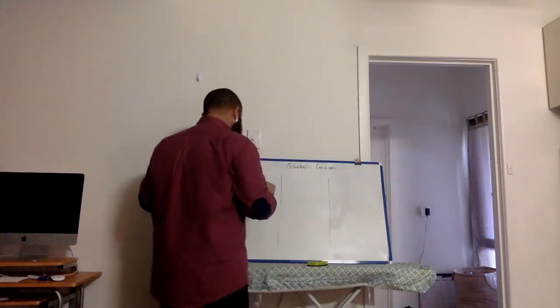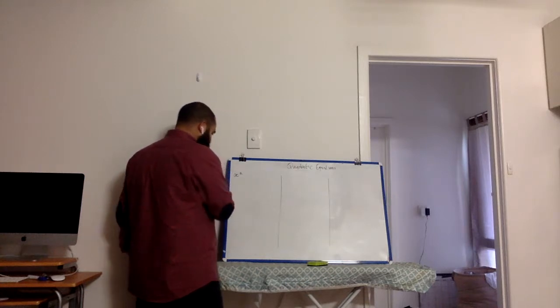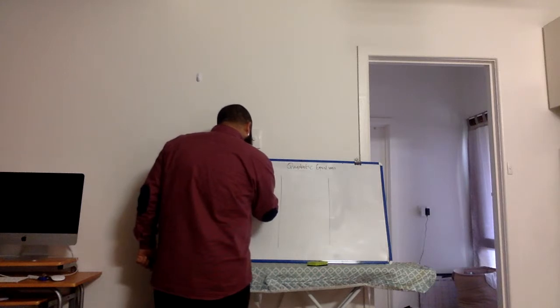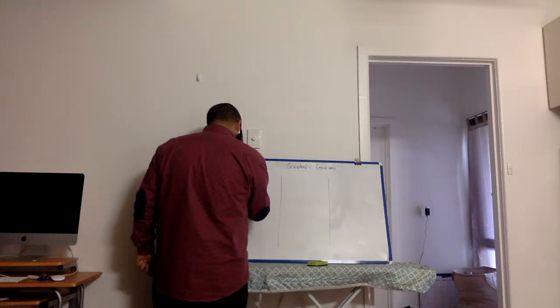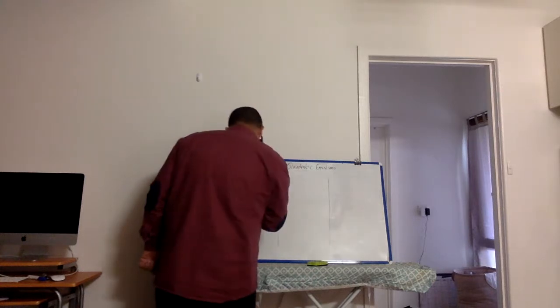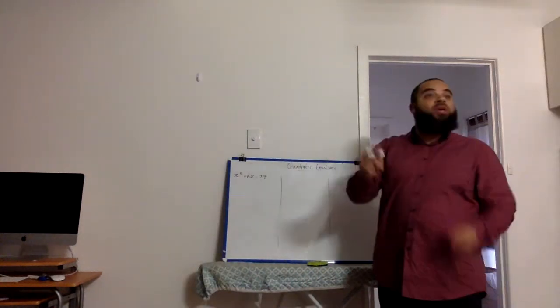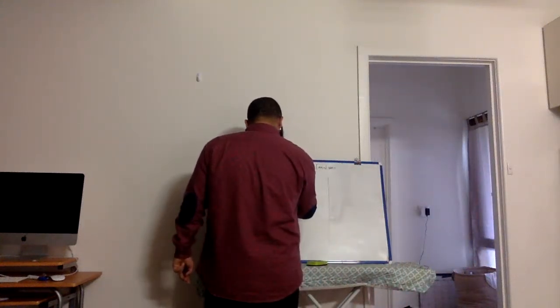So group number 1, your equation is x squared 27 6x. Okay, group number 1, this is your equation. Group number 2, your equation will be x squared.